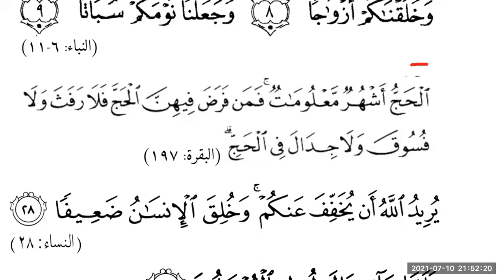So al-hajju will be the pilgrimage, the hajj. Ashhurun ma'lumatun. So you have to add the is or are between hajju and ashhurun. So you can translate it as: the hajj are known months. Okay.